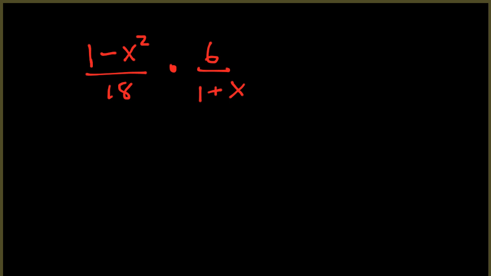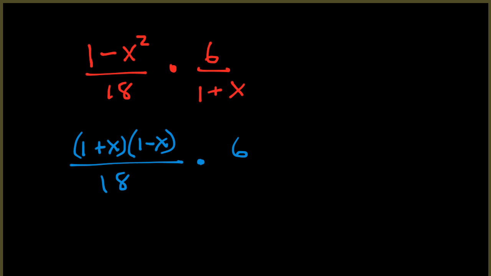Factor it out. We need to factor everything: 1 plus x, 1 minus x, all over 18 times 6 over 1 plus x.